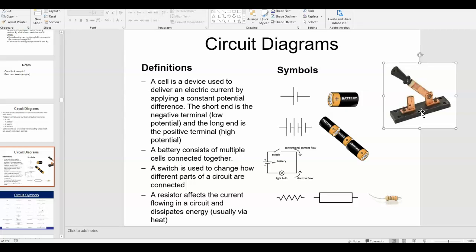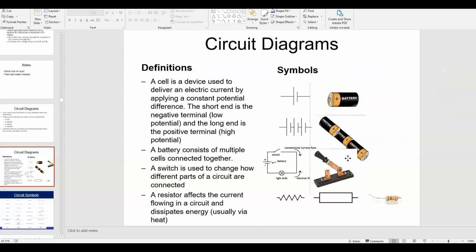So a switch physically opens or closes the circuit. When the switch is open, the current stops flowing. When the switch is closed, then you have a closed conducting path, and the current can flow again, which is pretty common sense. Most people are familiar with the concept of a light switch or something like that.